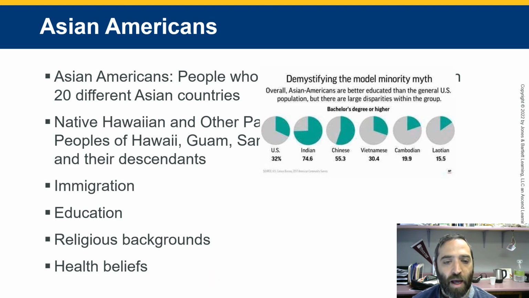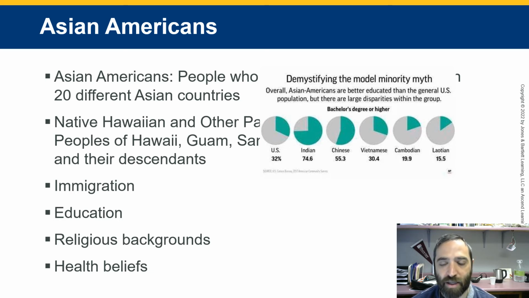So, religious backgrounds. There are several different religions that are practiced by people who are Asian Americans. You've got a large number of Christians in specifically South Korea. You have more Buddhists and Shintos in Japan. China is kind of officially an atheist country, but that doesn't mean there's not lots of practicing people there.